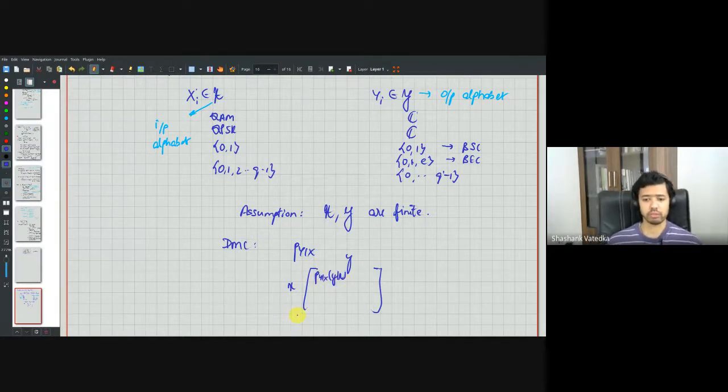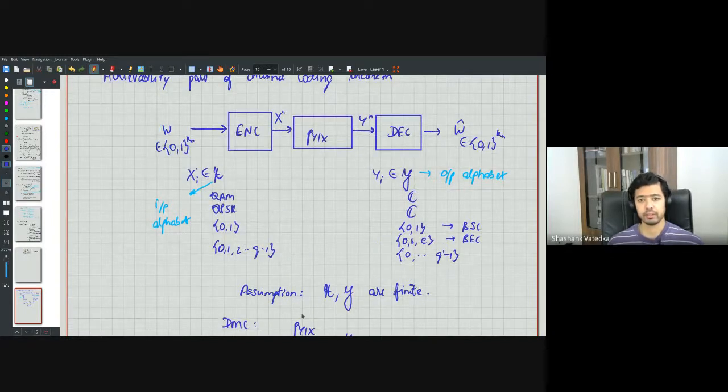So essentially all you need to do is specify what the conditional probabilities are, and that completely specifies what the channel is.